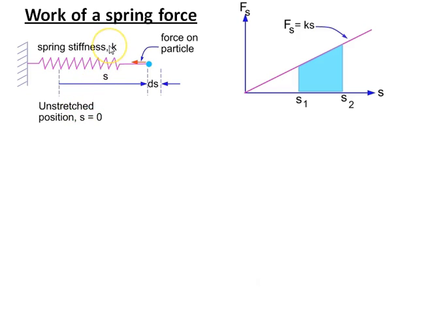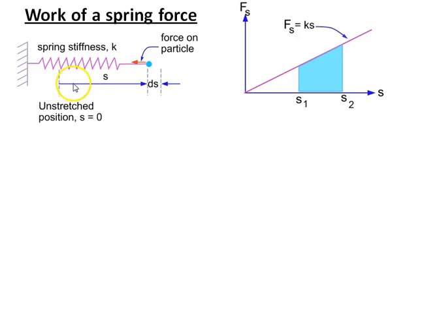For a linear spring, the force exerted by the spring is equal to k times s when the elongation is s. That is the reason why the curve of Fs versus s is a straight line with a slope of k.